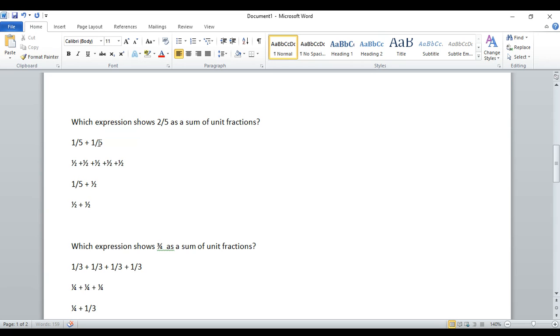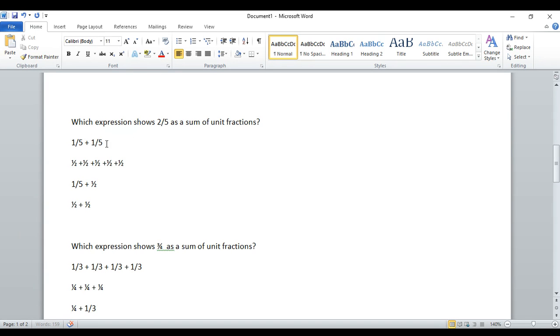Will it be 1/5 plus 1/5? Will it be 1/2 plus 1/2 plus 1/2 plus 1/2 plus 1/2? Will it be 1/5 plus 1/2? Will it be 1/2 plus 1/2? Which one of these little math problems is going to equal 2/5?